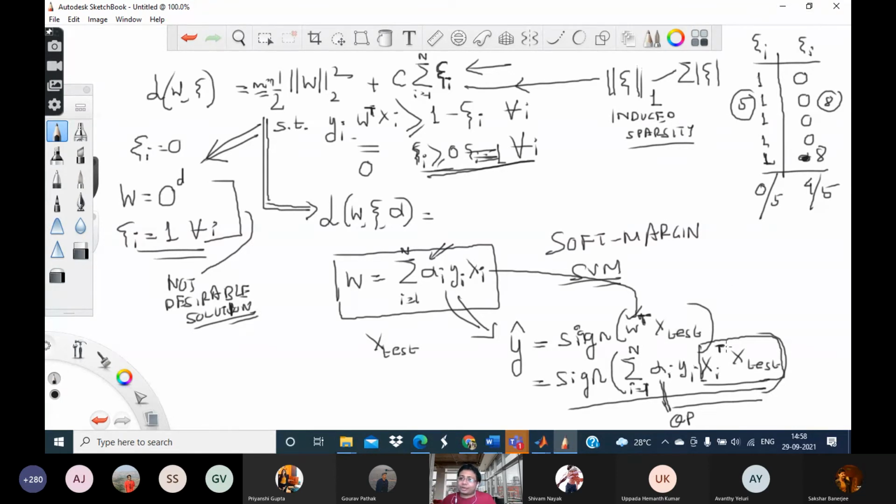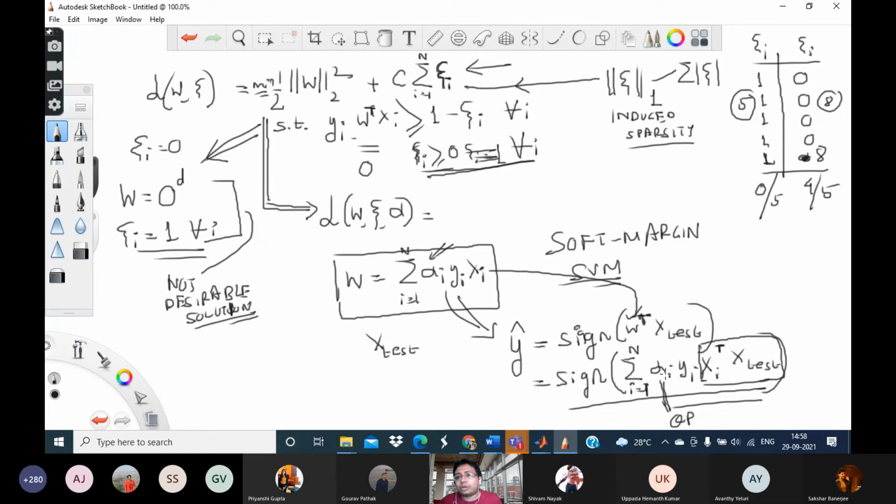So in a sense, we are comparing this test vector to all the training points, just like we do in the case of a nearest neighbor. But we are actually saved from having to do it for all the data points because of what?